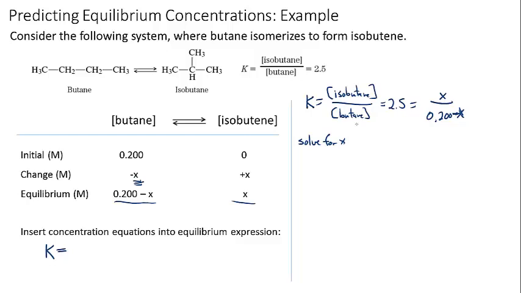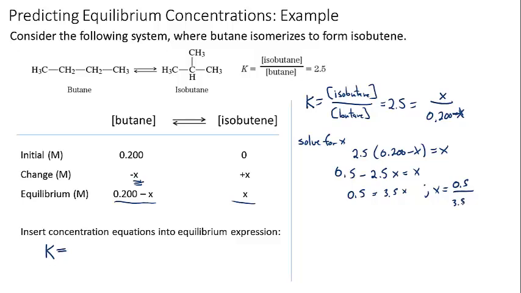And when we do that, we see that 2.5 times 0.200 minus X equals X. Therefore, 2.5 times 0.2, 0.5 minus 2.5X equals X. So therefore 0.5 equals 3.5X. And therefore X equals 0.5 divided by 3.5, which equals 0.143.